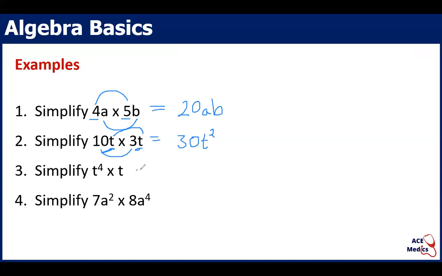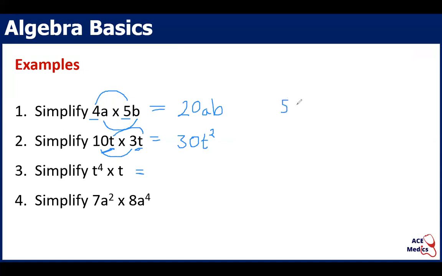Okay. Our next one then, if we are multiplying something that has a power with something else that's the same letter, we need to add those powers together. If we think about that, let's go back to our 5 times 5.